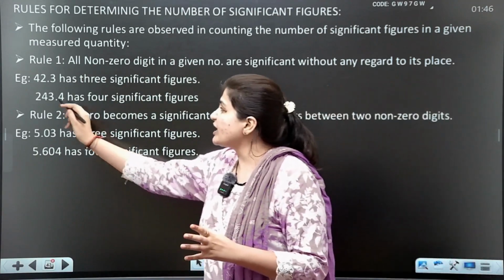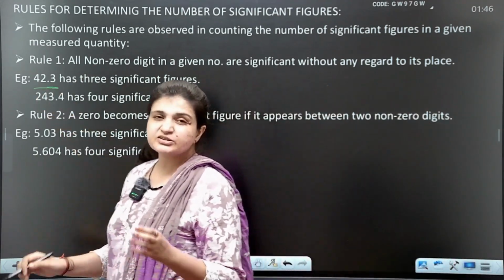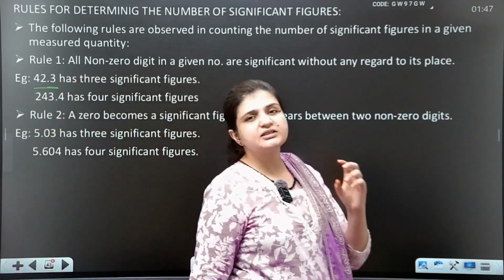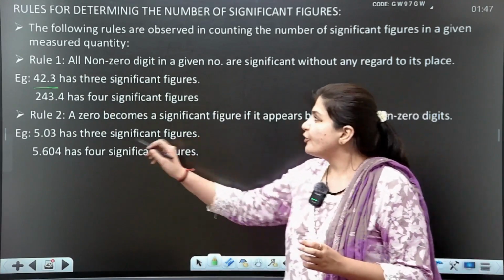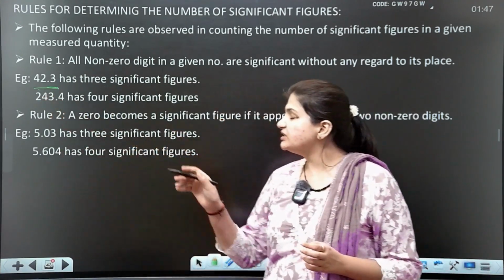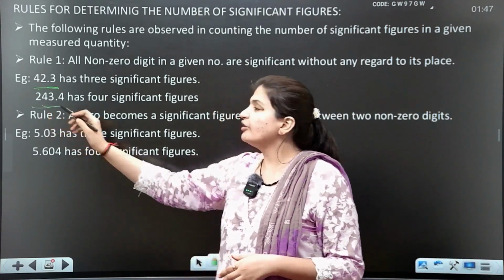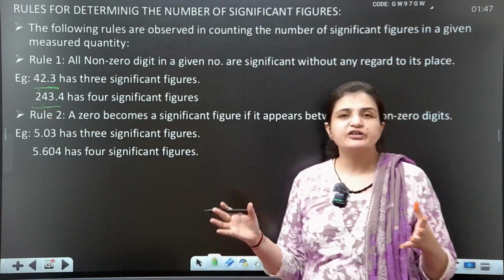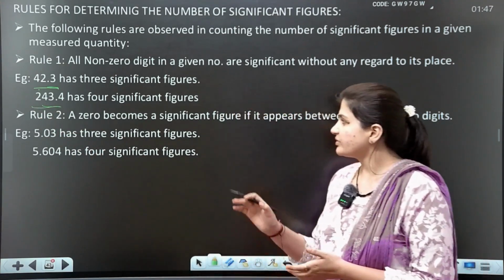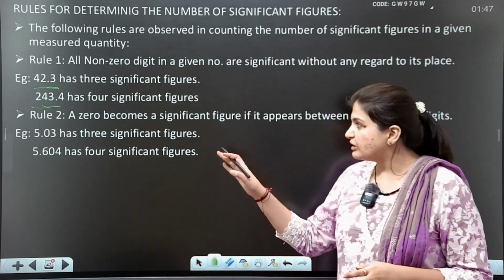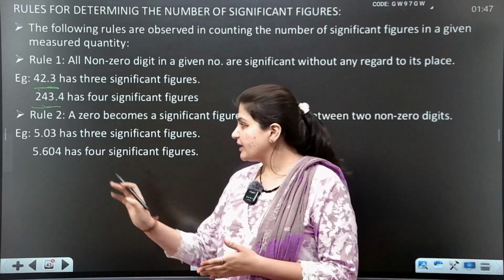For example, we have 42.3. Here all 3 digits will be counted, 4, 2 and 3. 243.4 has 4 digits, so all 4 digits will be counted. Similarly 5.03, all the digits will be counted.